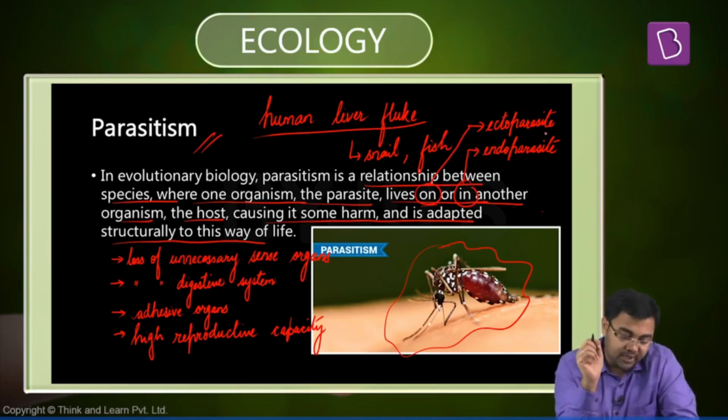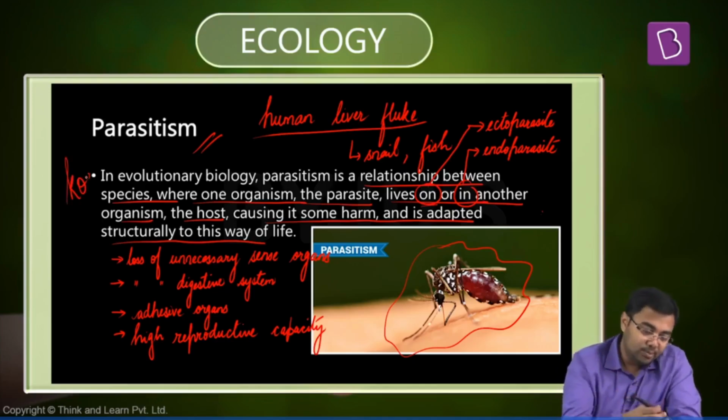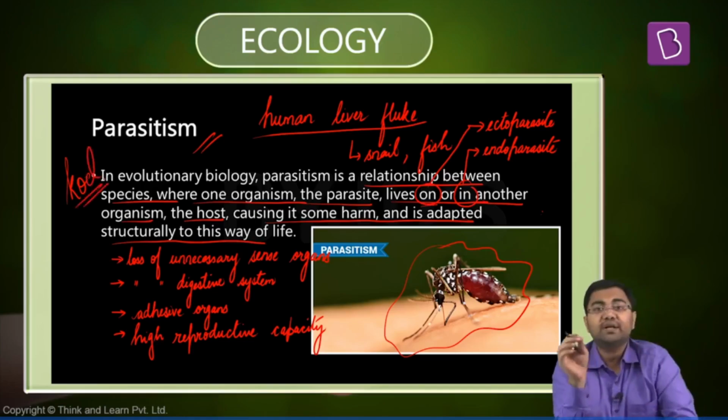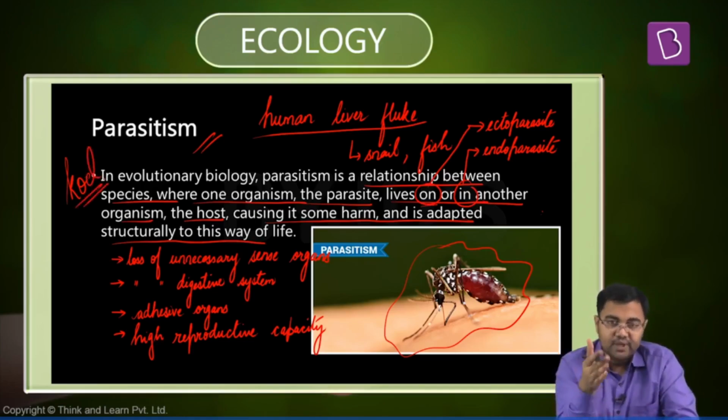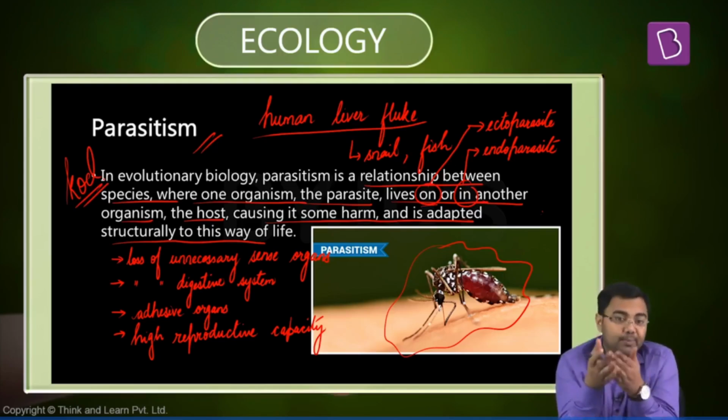Now, another example of parasitism can be the bird quail. You might have heard that the quail lays its eggs in the nests of other birds. What has happened over a period of time is that the egg of the quail has started to resemble the egg of its host.